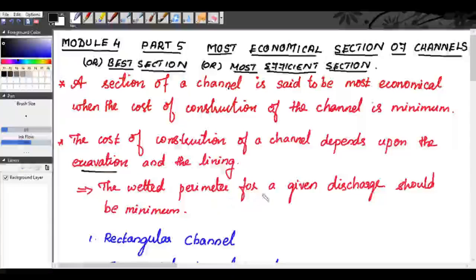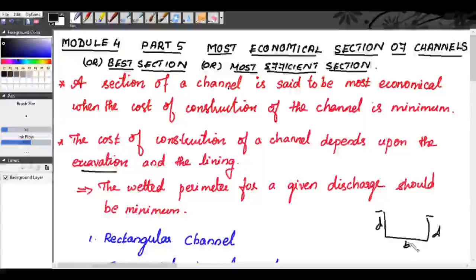So at any section you take, it may be rectangle, it may be trapezoidal, it may be circular, the wetted perimeter at the section should be kept minimum. Okay, so how can we obtain the wetted perimeter minimum? We know for a rectangular channel, the wetted perimeter, we have two depths and one breadth, right?